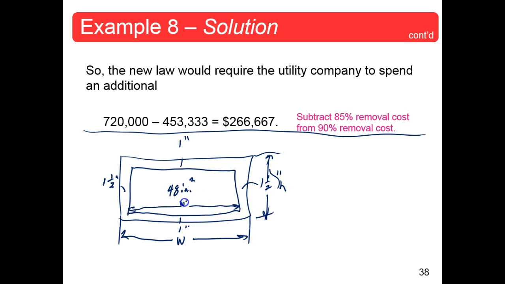It would be W minus 3, exactly, because you have 1.5 inches off here and 1.5 inches off there. How about your vertical? That would be H minus 2. And guess what? That product is going to give you your 48 inches, right? So W minus 3 times H minus 2 is equal to 48 square inches. That's the equation you're dealing with.